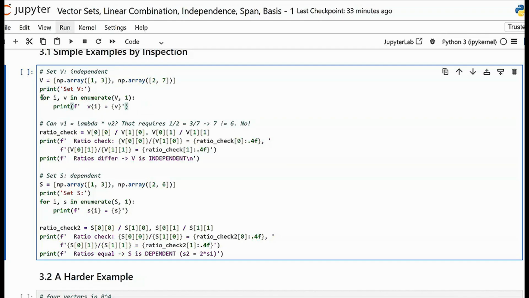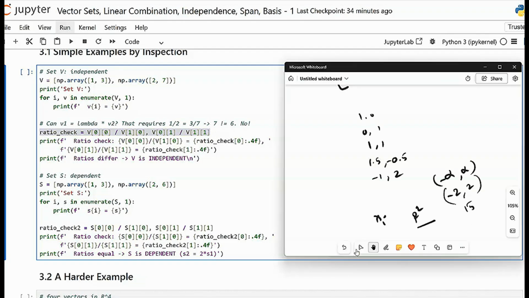Next it shows a for loop, which loops through the vectors, with i as an index starting at 1 and v as a vector. It prints each vector in the form of V1 comma V2, and it goes on. Here let me have this exact value. Kindly observe, this is a ratio check, which computes the element-wise ratio.